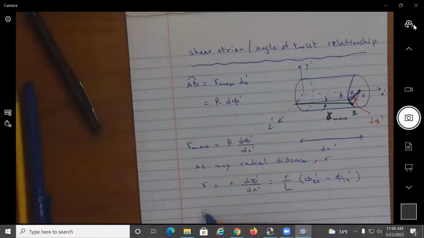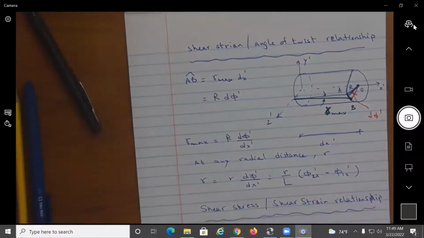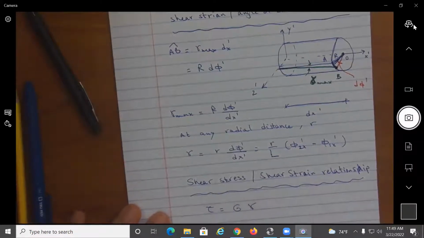We also have a shear stress, shear strain relationship. And of course, for linear elastic isotropic material, we have tau is equal to G gamma, like Hooke's law.